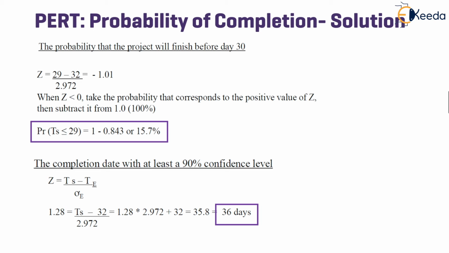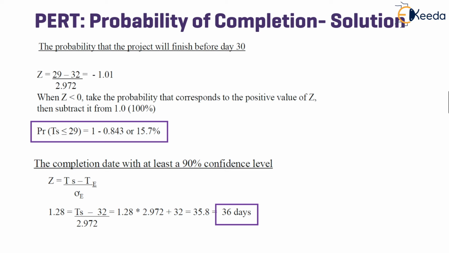Next, the completion date with at least a 90% confidence level. In order to calculate this, we will first look at the Z table, and for 90%, we will find out what the Z value is. Here we find it to be 1.28.